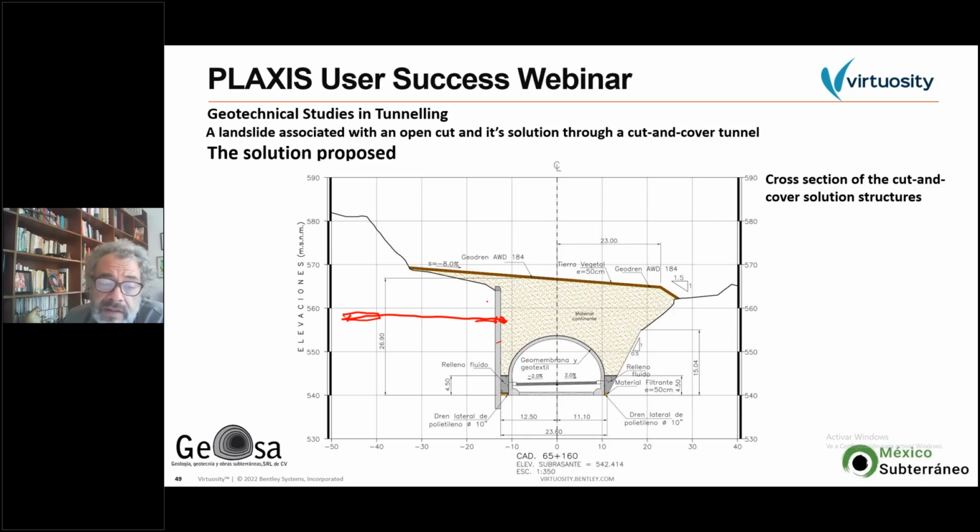So the idea was to excavate little by little, stage by stage, after putting in the pile wall, excavating little by little and putting in the anchor system, and then immediately after to build the tunnel and immediately start to backfill all this region, so we could get the definitive stability solution.